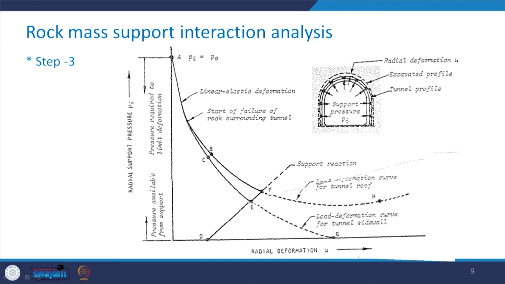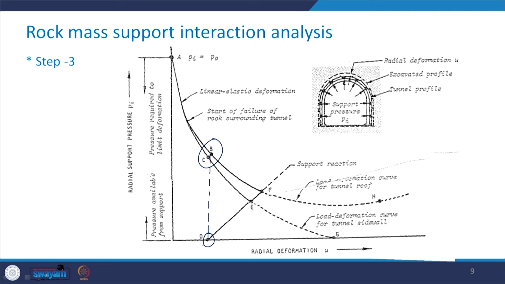Take a look here. Corresponding to this, you have the deformation here corresponding to this point D. So in case there is no time dependent behavior of the rock mass, we are still here at these 2 points, that is B and C.